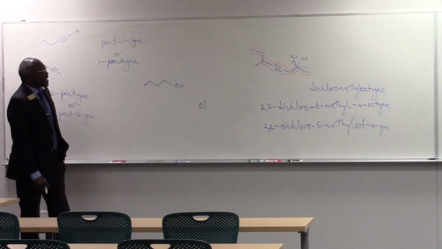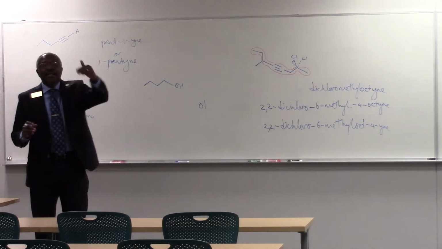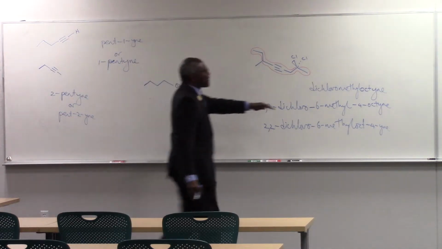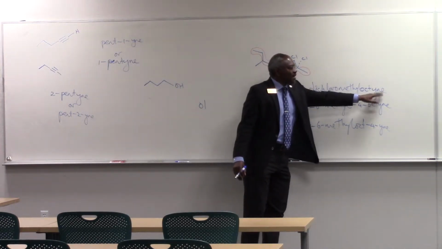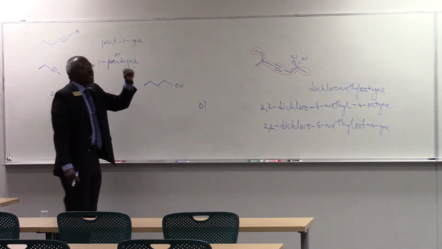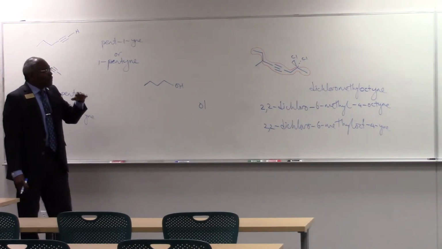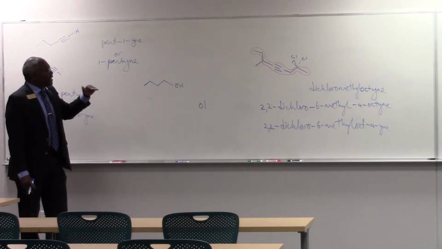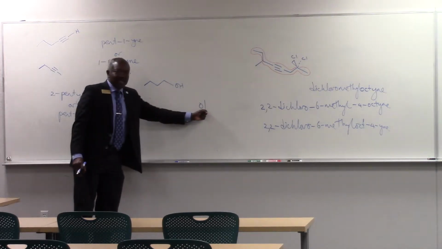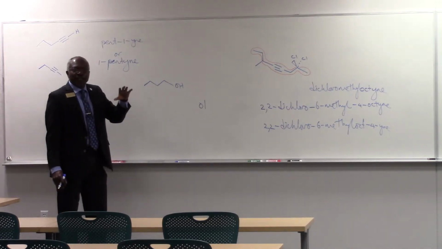So when we name alkanes, alkenes, alkynes, we would have yne as the base name for alkynes, ene for alkenes, ane for alkanes. When we are looking at alcohols, we put ol for the base name, but then we also want to try to get the character of the carbon backbone.